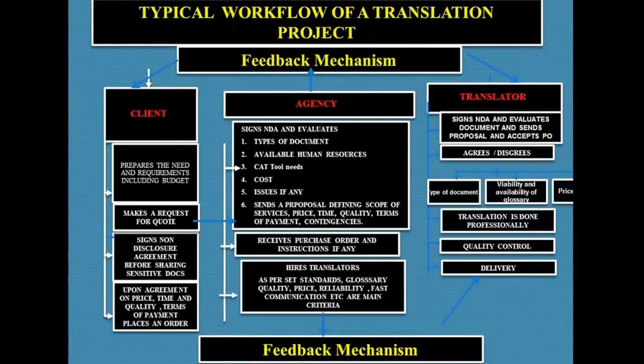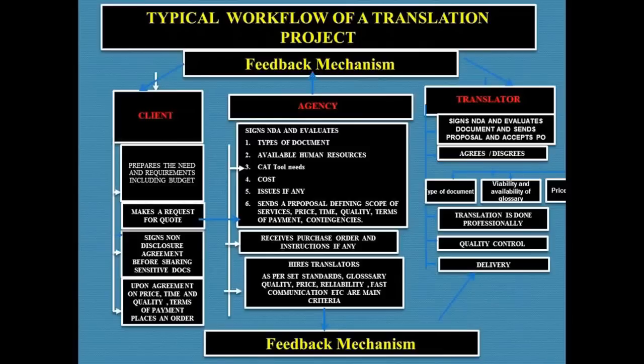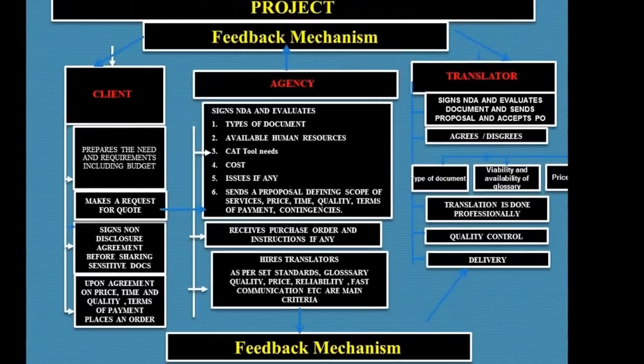The translator will bring changes and give back to the agency. The agency will again read it and give it back to the client, and that's how the improvement process takes place between client, agency, and translator. After certain projects, a good understanding is developed, and everything runs smooth.